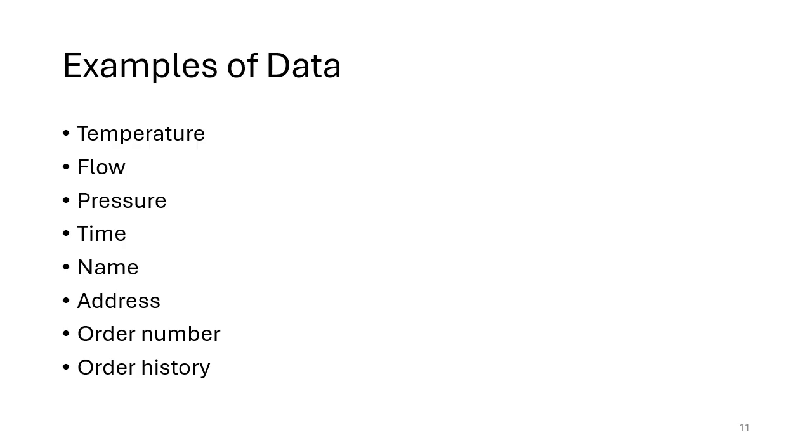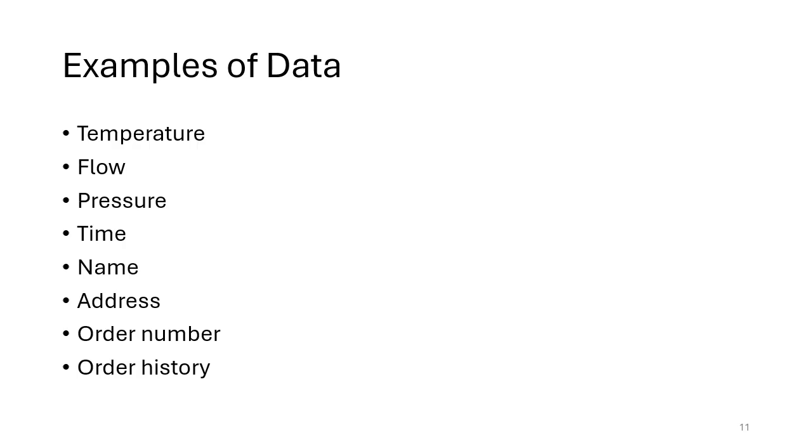So you might want to associate a temperature with a time, so you know that when that batch started, for example, the temperature was 20 degrees at 8 o'clock in the morning. Depending how complex your application is, of course, temperature might also be affected by flow and pressure. So you might want to have something that combines all three of those values along with the time in order to make sense of it.